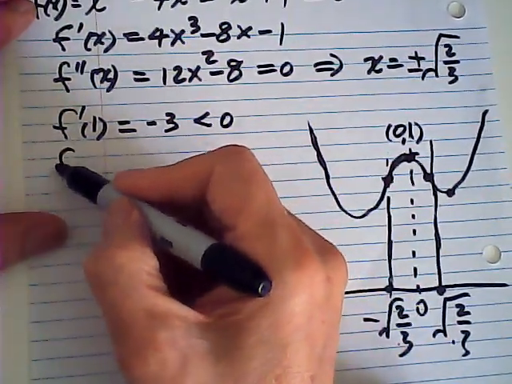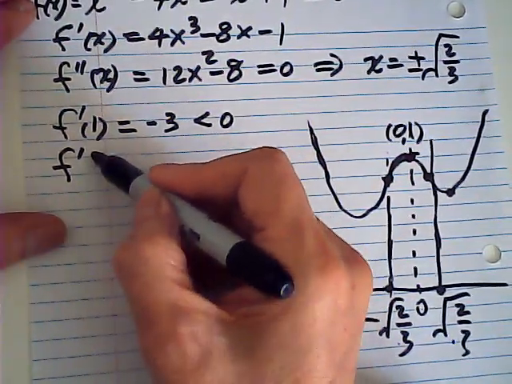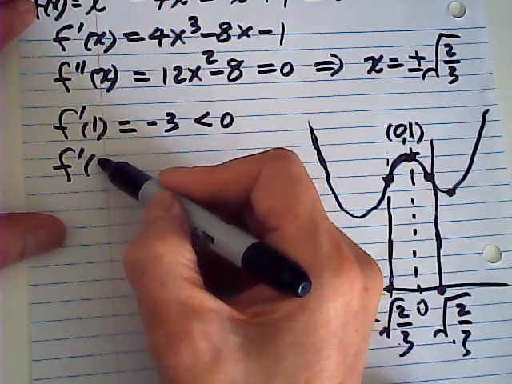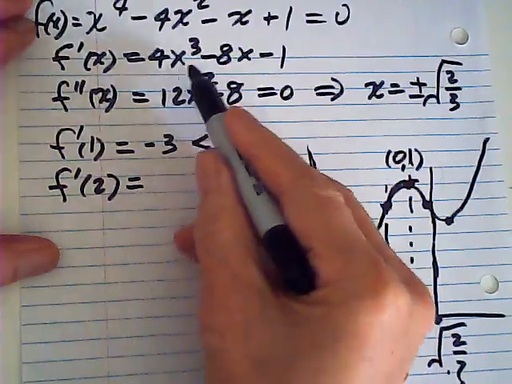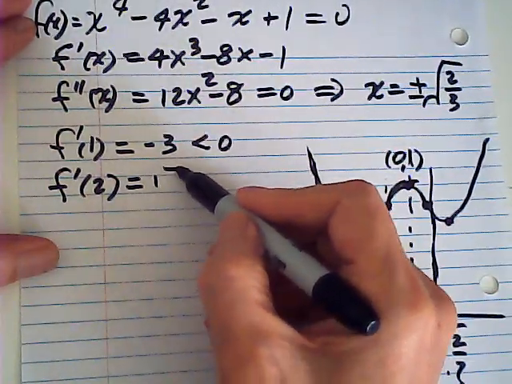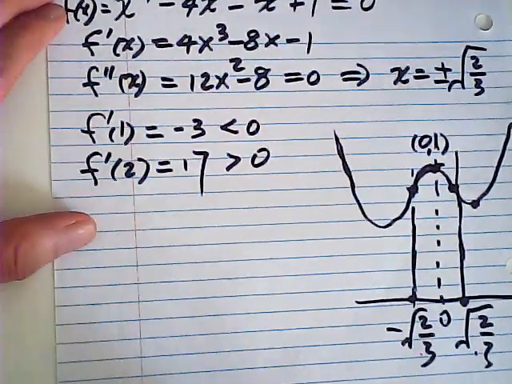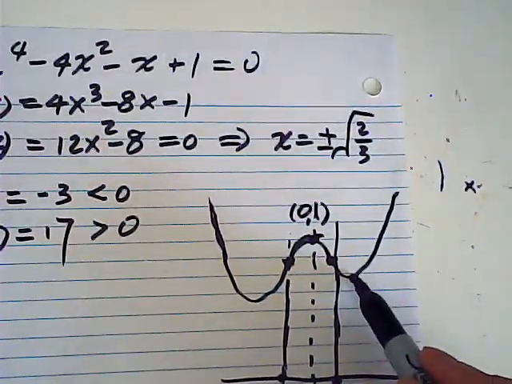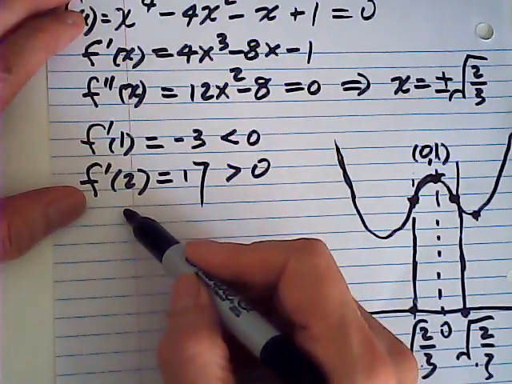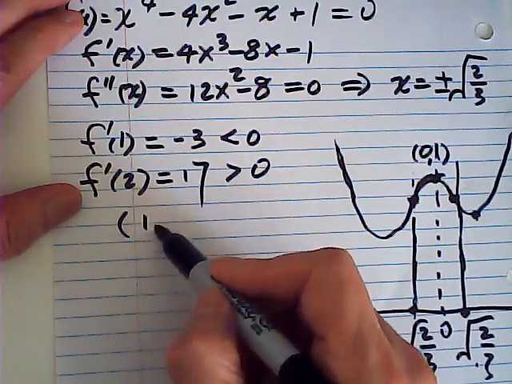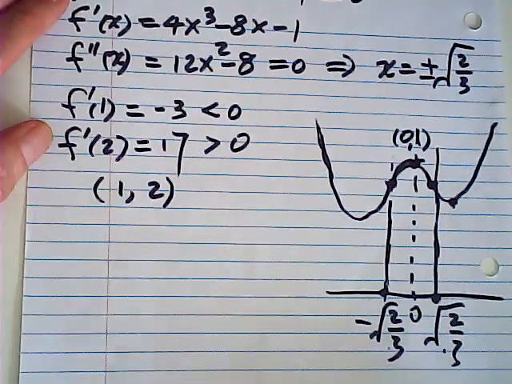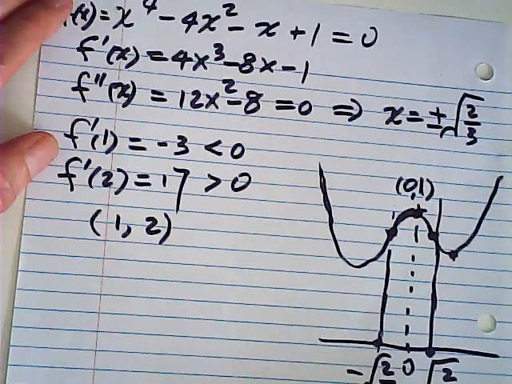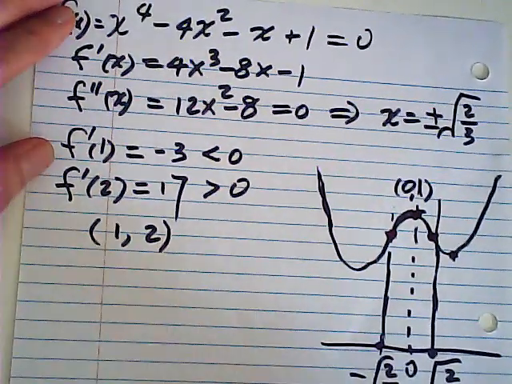And f prime of 2, we plug it in, we get 17, which is positive. Therefore, this point, which is a minimum, must happen between 1 and 2. I hope you follow me.